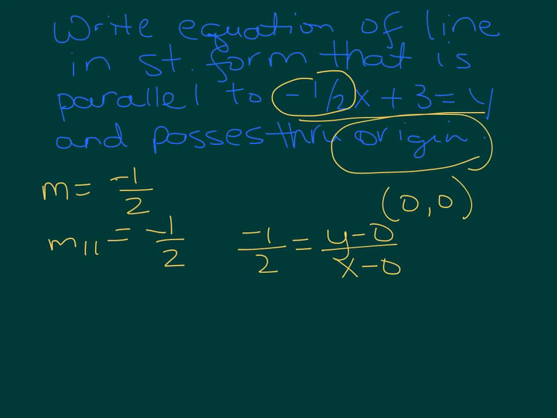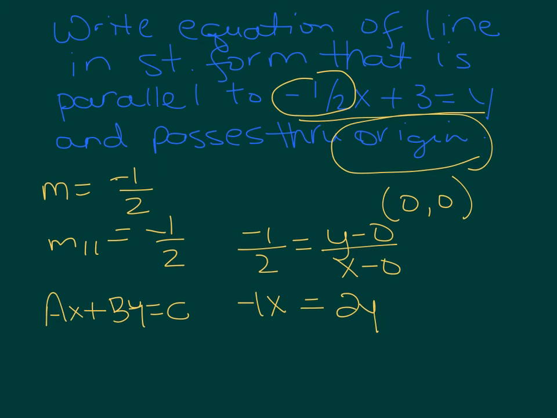All right, so we're going to standard form, which again is ax plus by equals c. So I want to cross multiply and go the x direction first. Negative 1 times x is negative 1x. Negative 1 times 0 is 0, so I don't need to write that. 2 times y is 2y. 2 times 0 is 0, I don't need to write that.